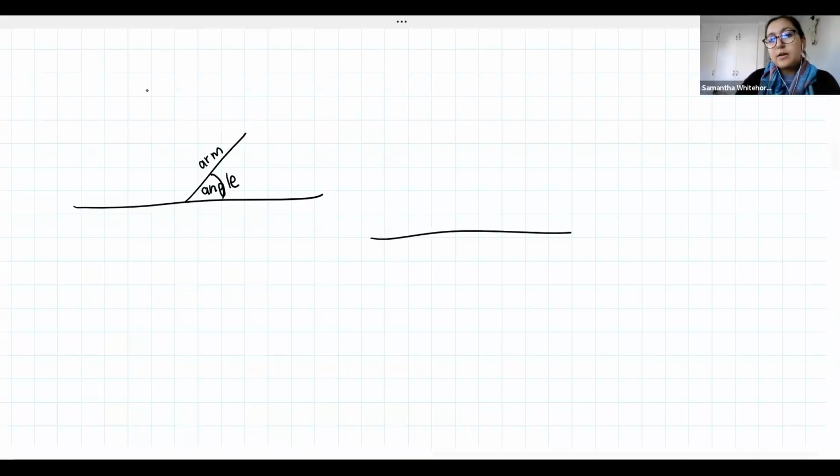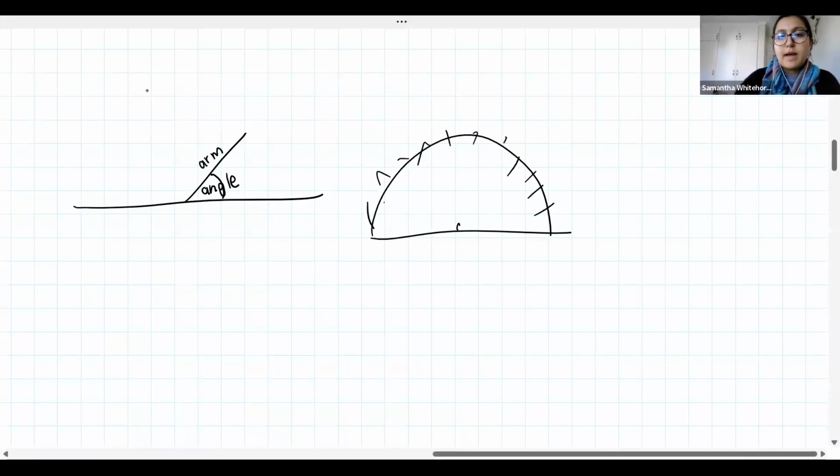An angle can be measured using the protractor in your math set. A protractor measures the distance between one arm and another arm, and an angle is measured in degrees.